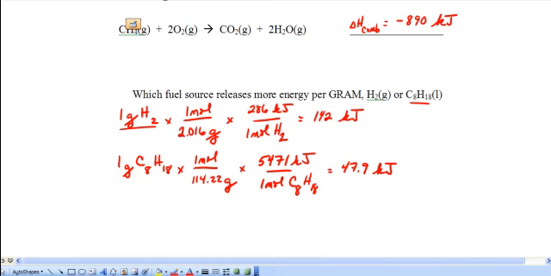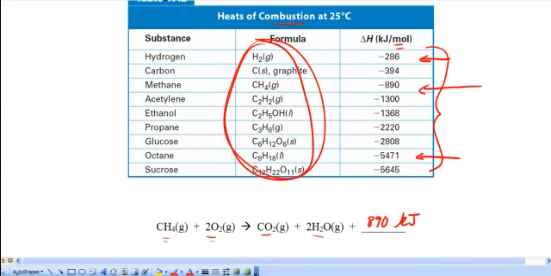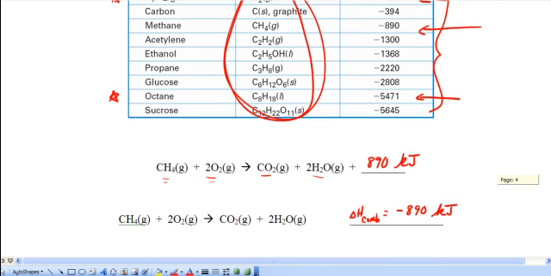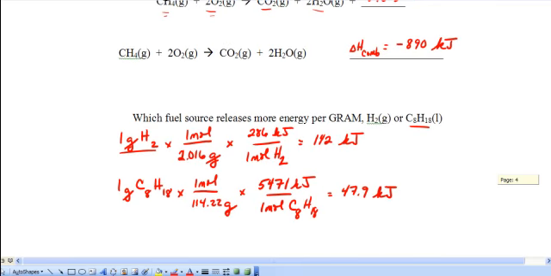While looking at the table, you might say, man, octane has a tremendous amount of energy released. And it does. Hydrogen appears to have a very small amount of energy released. Well, per mole, that is true. However, when you do it by mass, which is oftentimes the deciding factor, hydrogen releases a tremendous amount more energy than octane does per gram.